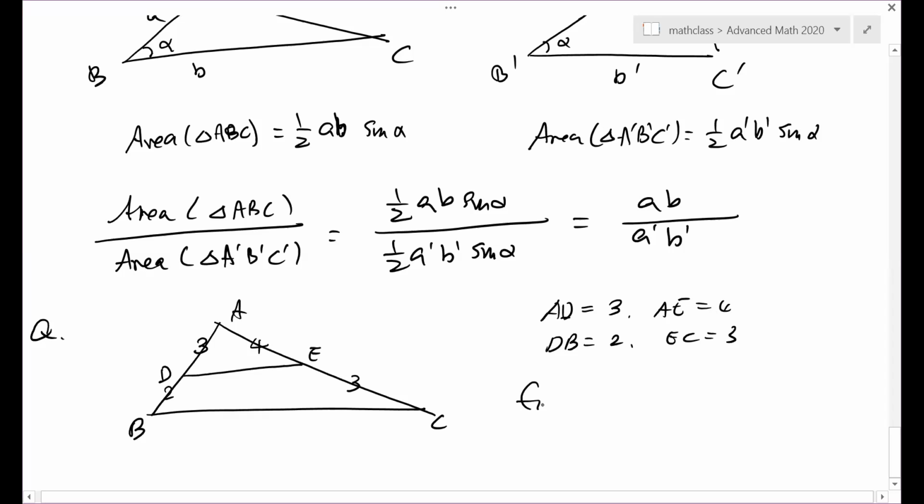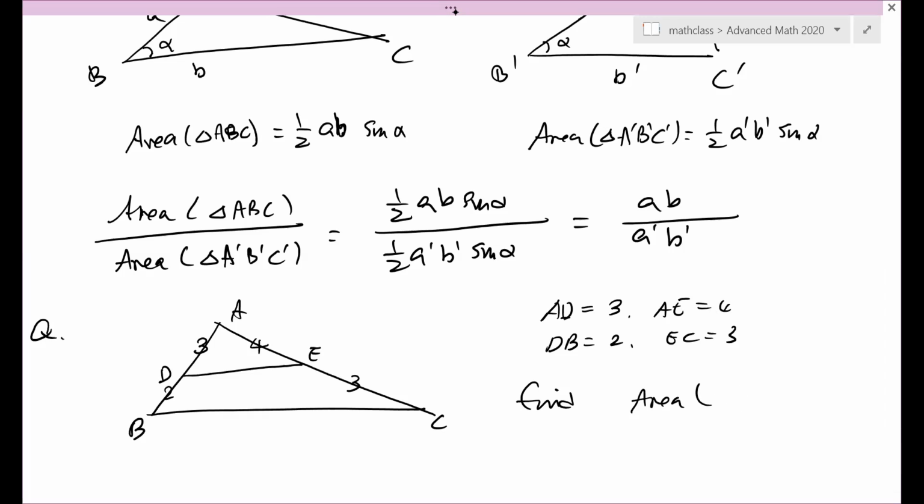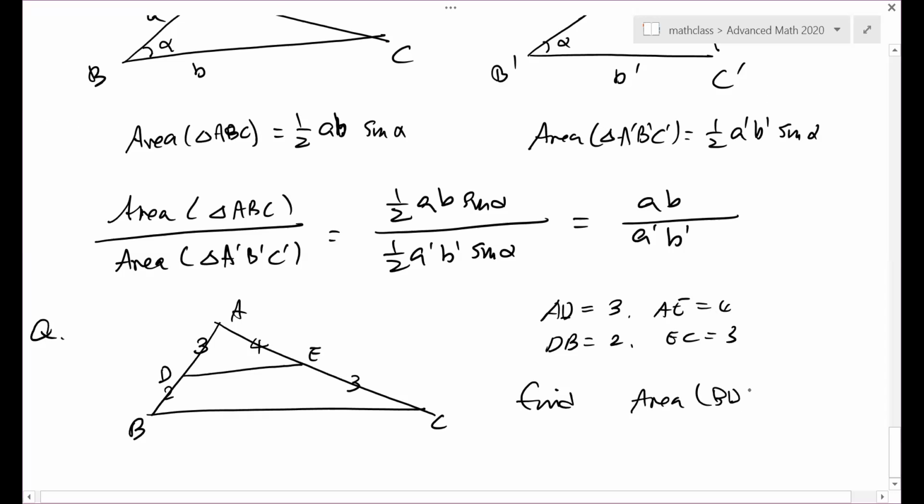We want to find the ratio of the area, not of a triangle but of the region at the bottom, BDEC, over the area of the triangle ABC.